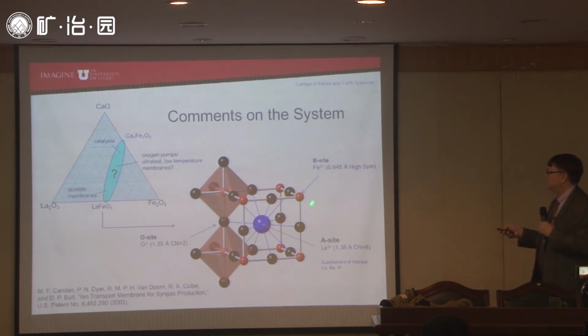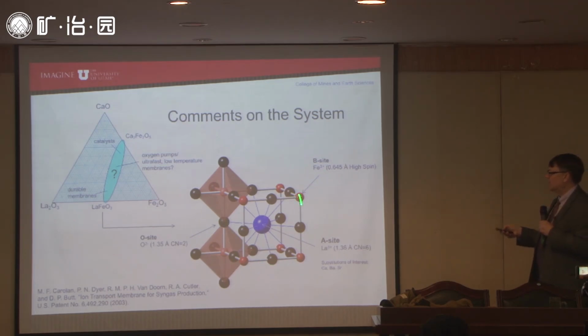The B site cations are on the corners of this little cube. And in our case, the B site cation is iron. And then the oxygen atoms are located sort of in these positions, I'll just say.